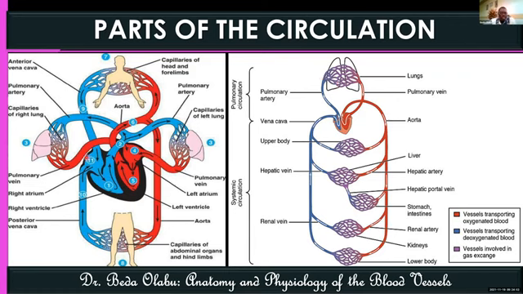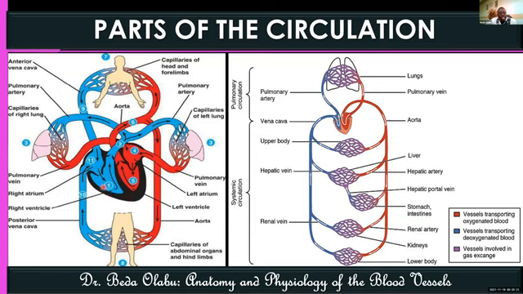From the first image, we see that the blood from the systemic circulation goes back to the heart through two channels. It can go back to the heart through the superior vena cava, and that will refer to the blood coming from the upper part of the body, the junction being the thoracic diaphragm.